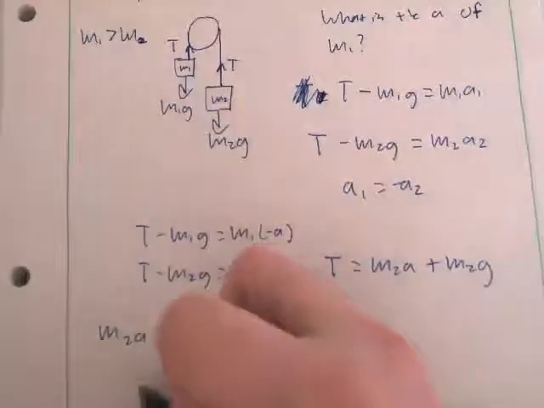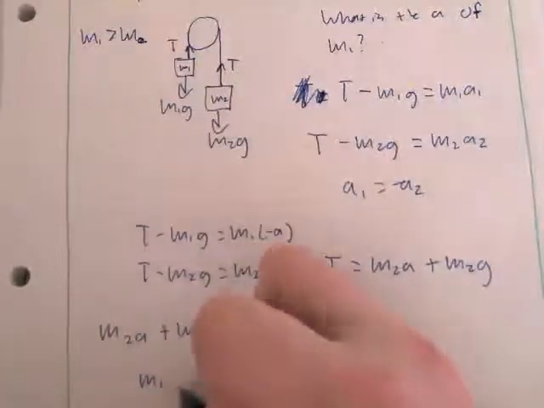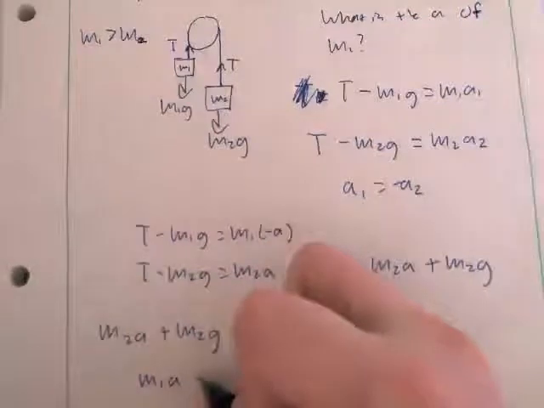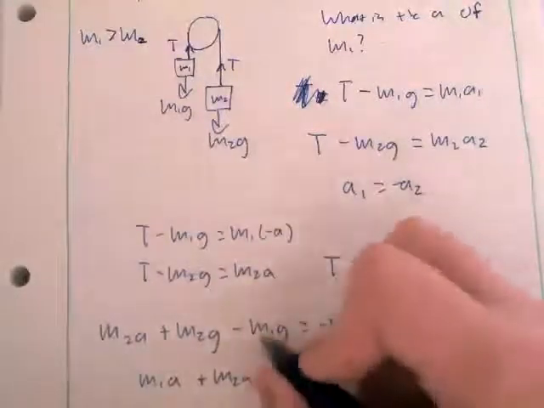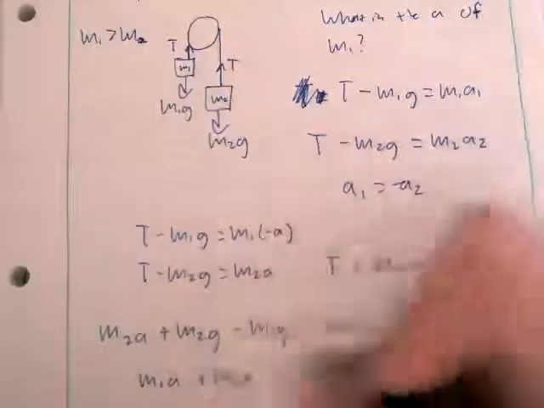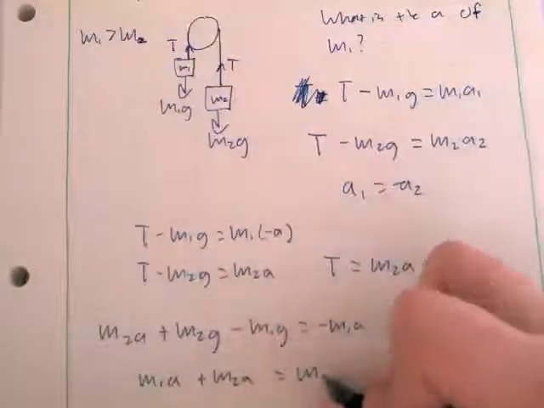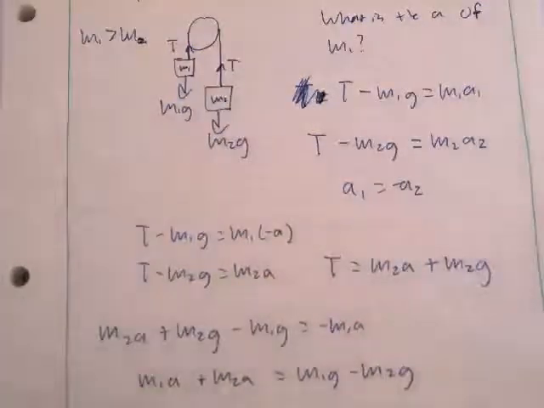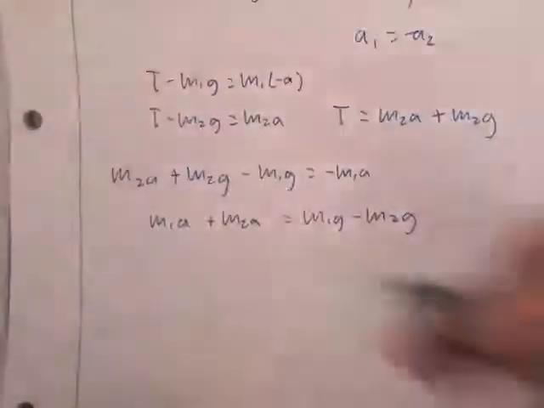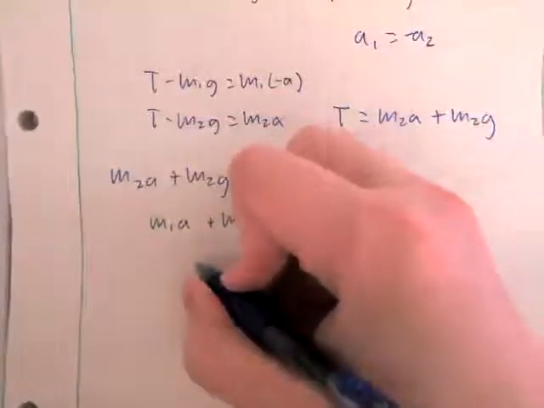So now I have m1a plus m2a equals, move this over, this becomes positive, move this over, this one becomes negative, m1g minus m2g.